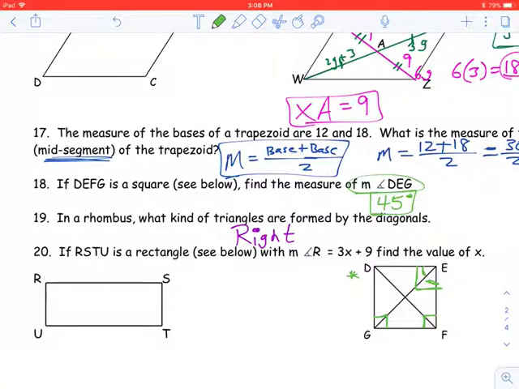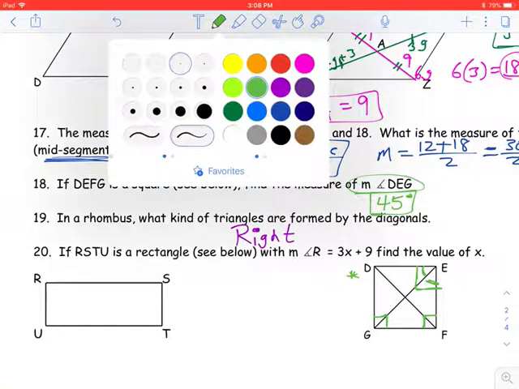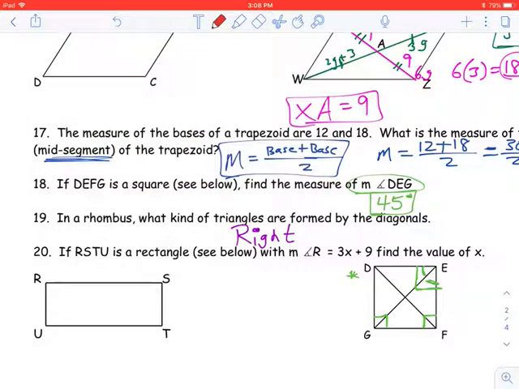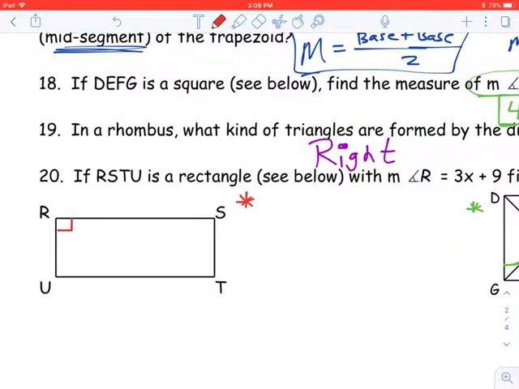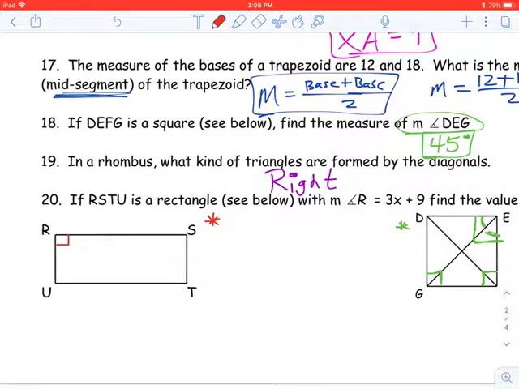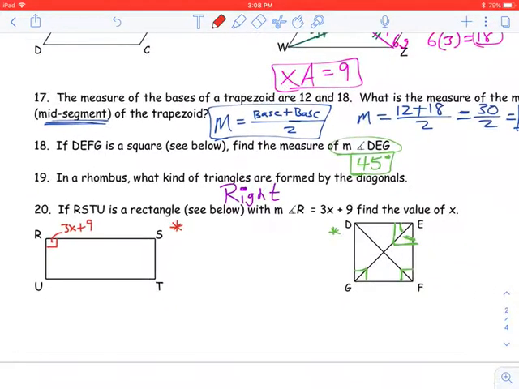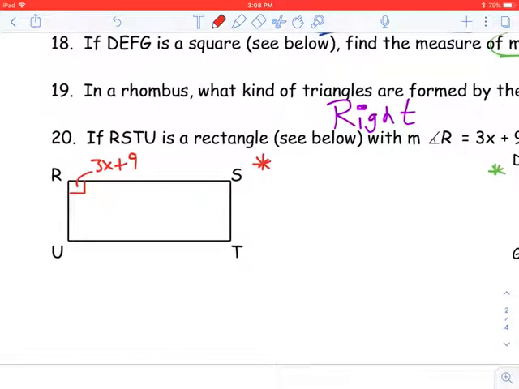Okay? And lastly for that page, we have number 20. RSTU is a rectangle. So we're looking at the rectangle here with measure of angle R equal to 3x plus 9. Well, if that's 3x plus 9, I already know how to find x because that's a 90-degree angle.